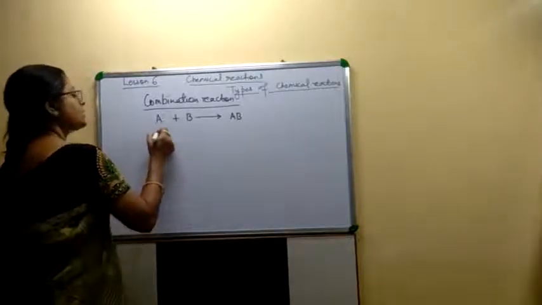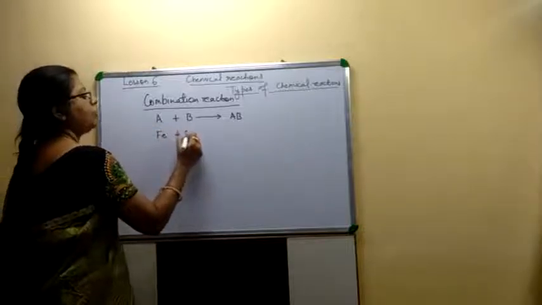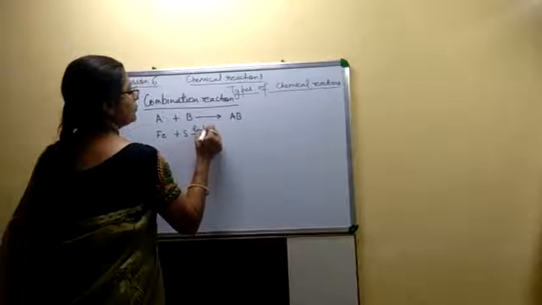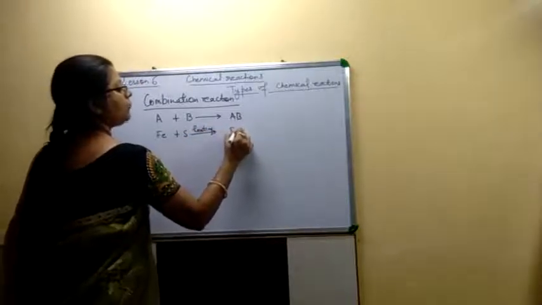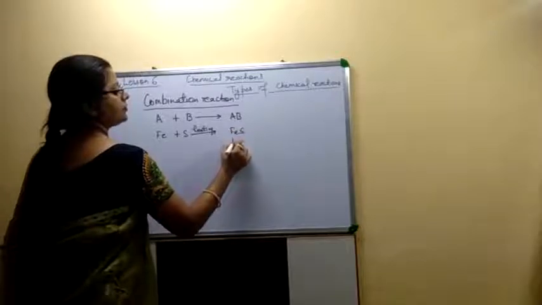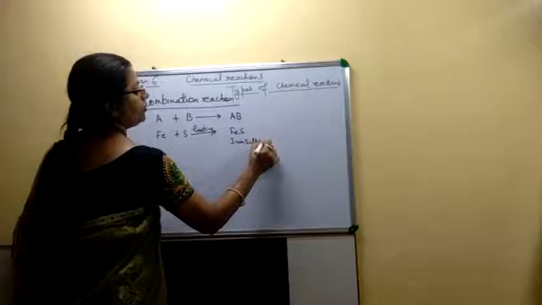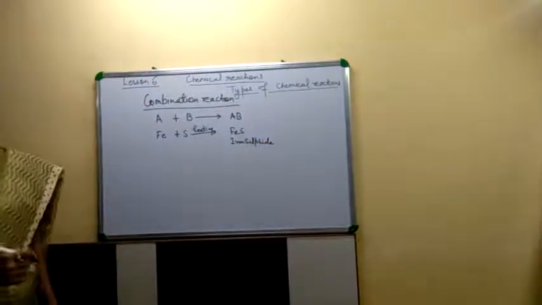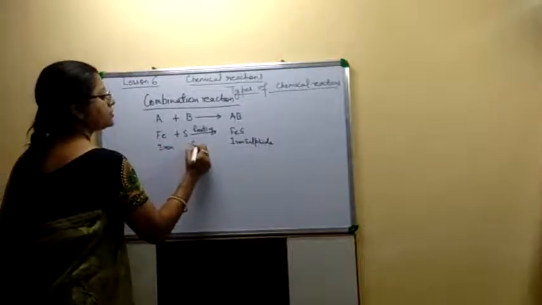Some examples: when iron reacts with sulfur on heating, iron sulfide, FeS, is formed. So this is a type of combination reaction.